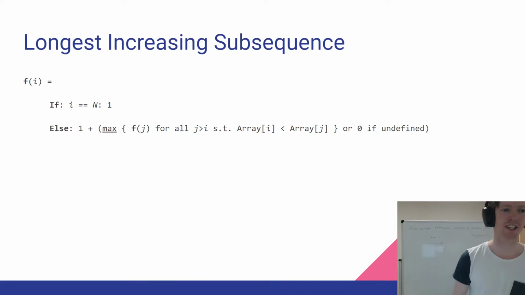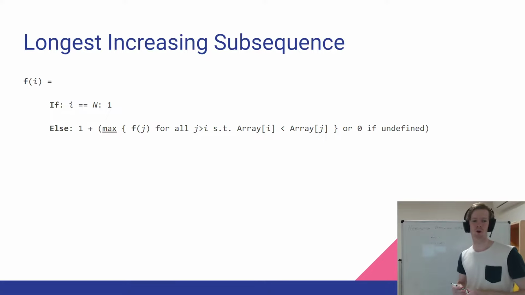Oh, sorry, I didn't actually go through all of it. So the other part of it is we call the function on itself for all j greater than i, so that array i is less than array j, or 0.